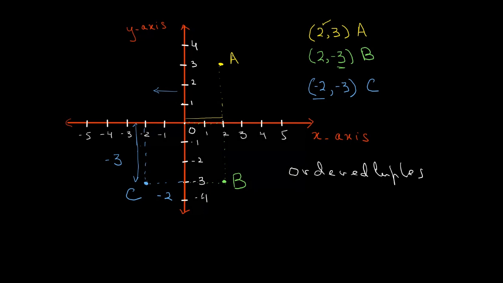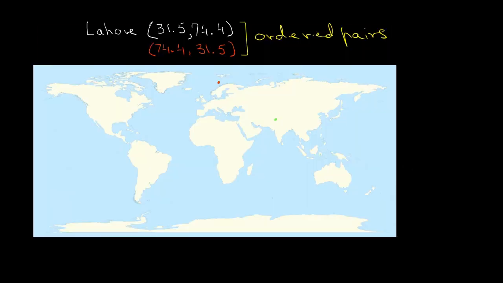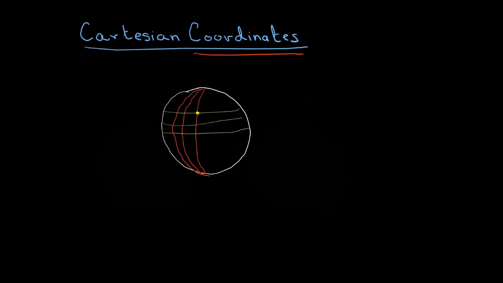But the particular thing about Cartesian coordinates is that two axes are drawn, they're perpendicular to each other, and the coordinates are given by the perpendicular distance to the axes. That's what defines a Cartesian coordinate system. And just to remind you, the reason why they're called Cartesian is because they come from Descartes.